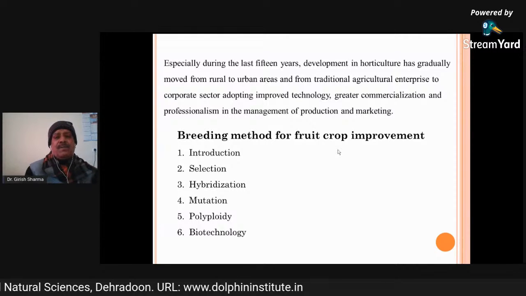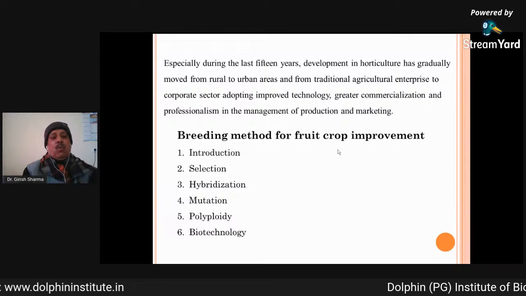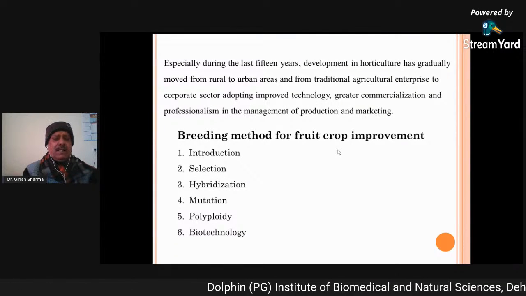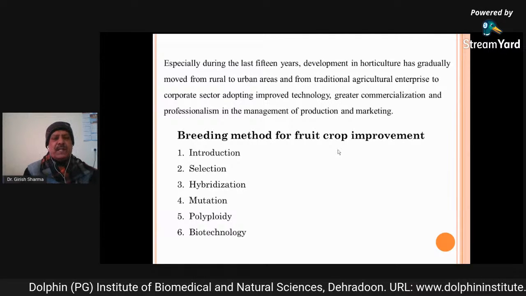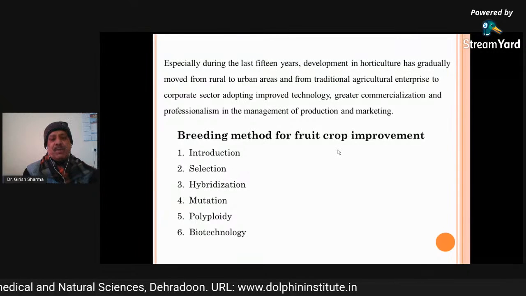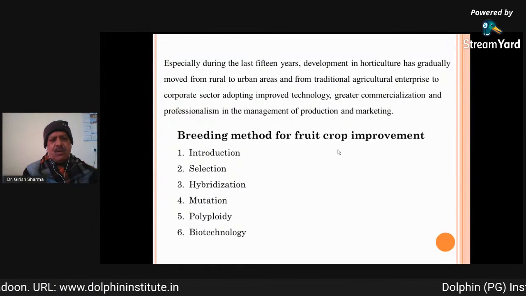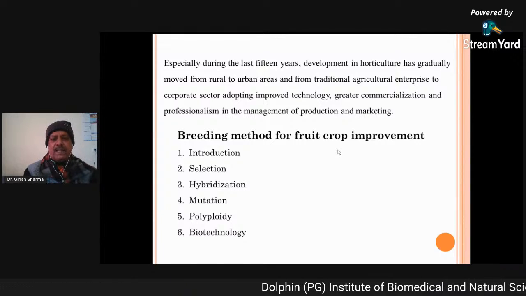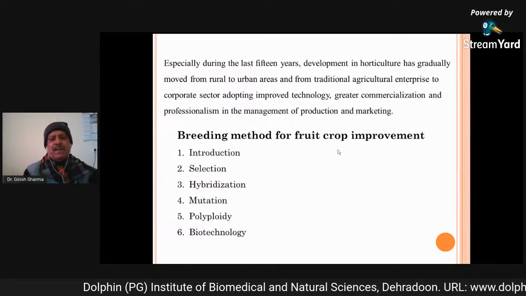The third method of crop improvement refers to hybridization, and once you have built up a respectable germplasm via introduction or through local selections, then it becomes imperative that the hybridization process is followed. In this method, two parents are used. One acts as a donor and the other as the recipient, the female one.